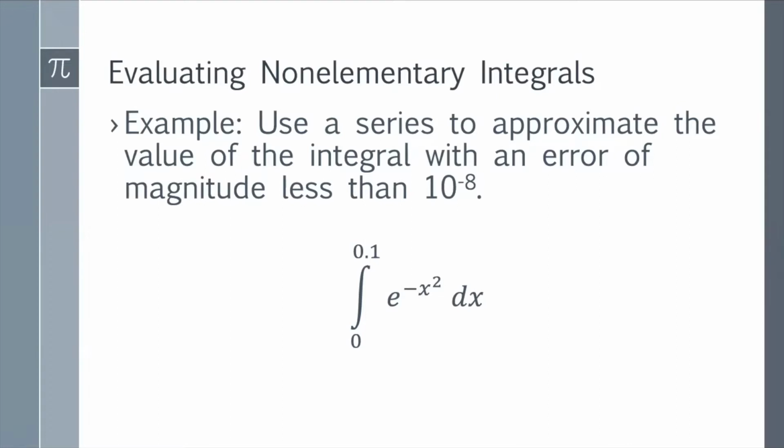You can try every trick in the book and you will never find an elementary antiderivative for e to the negative x squared, which means there's really no hope of finding an exact value of this integral using the fundamental theorem of calculus, where you just find the antiderivative and plug in 0.1, plug in 0 and subtract.